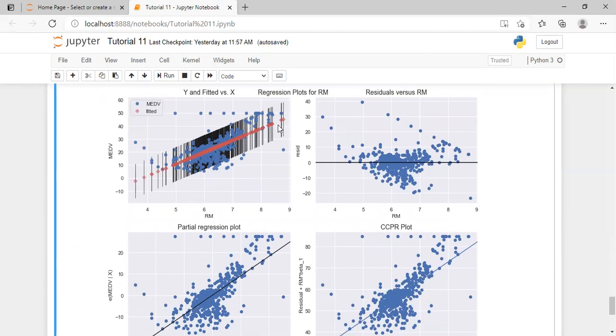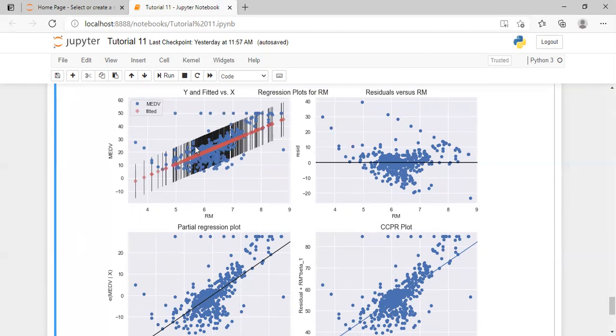This red line is the fitted line, and the blue scatter points are the data points. House prices are capped at $50,000. No house price goes above $50,000, and they may be considered outliers over here.